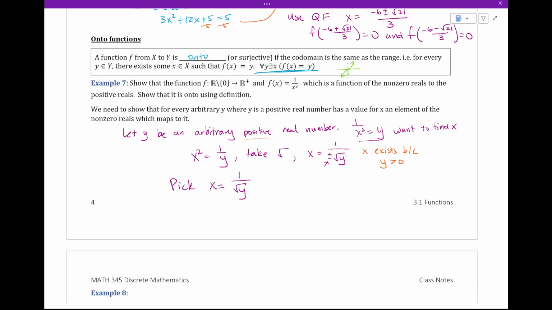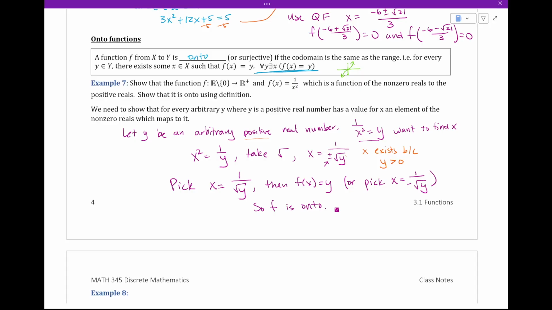But I'm going to pick the positive version. Then f of x is equal to y. Or I could pick x equals 1 over negative square root of y. That would also work. So f is onto. This was kind of like a proof, so maybe I'll do another little tombstone. Look at that. There it is. It's so little.